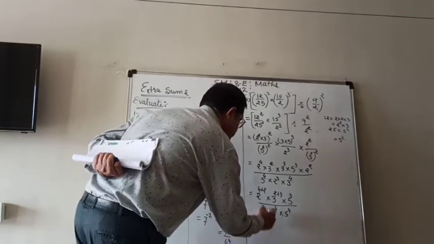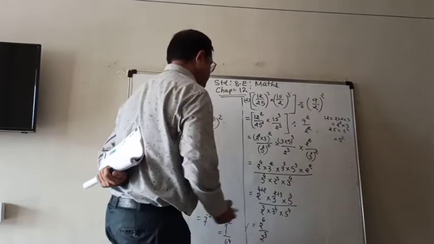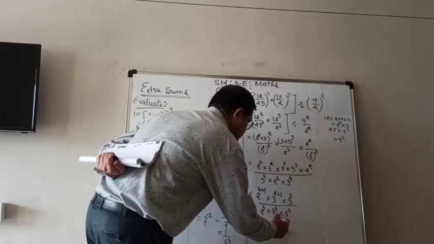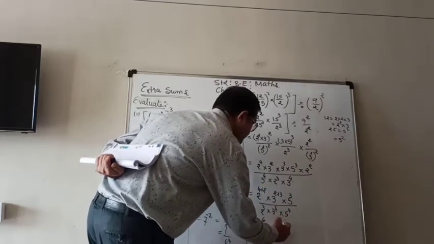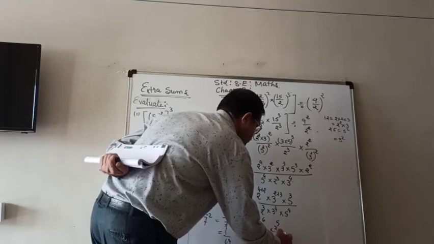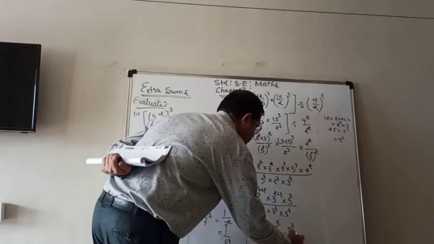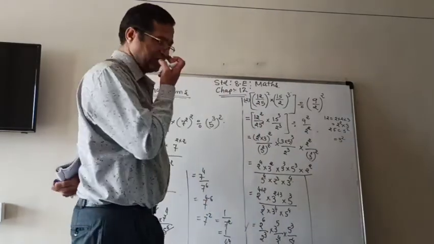So here 2 raised to 6 upon 2 raised to 3. 3 raised to 3 plus 2, it is 4 plus 2 is 6 now. 3 plus 2 is 5, 3 raised to 5 upon 3 raised to 4, and 5 raised to 3 upon 5 raised to 4. We separate them so it is easier for us.